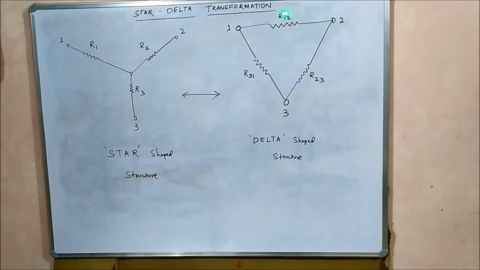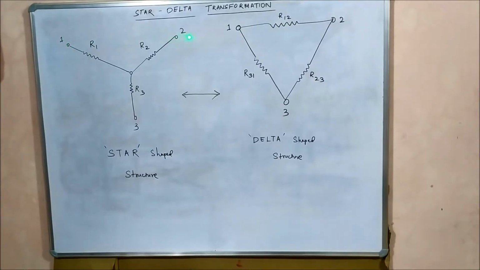Now here, in this diagram you can see that the same three resistors are connected across the same three points 1, 2 and 3, but here their values are different.